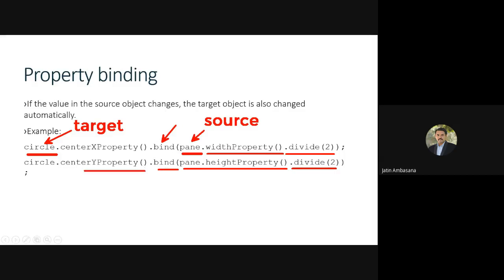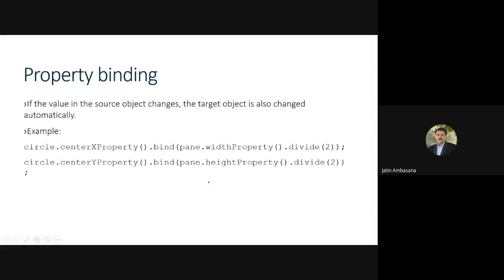You bind it with the y property. Whenever you change the height of this pane, the y property also changes. If you are resizing that pane, then if a circle is at the center, its center would also change. If you make this small, then obviously the circle would get shifted over here, right? So that's an example of property binding.